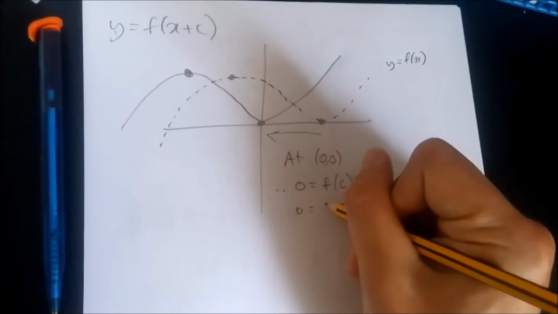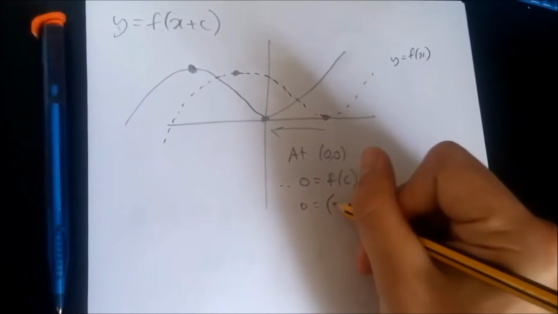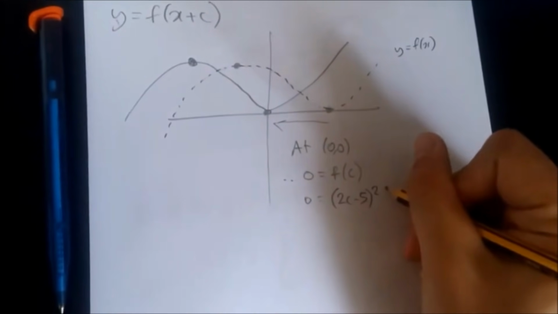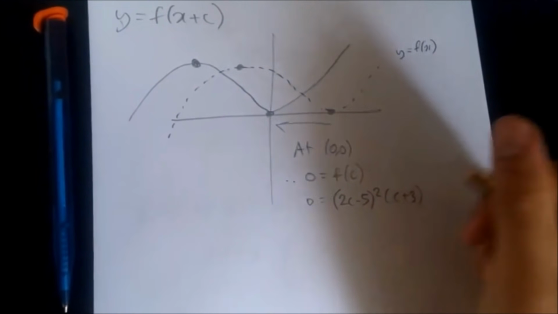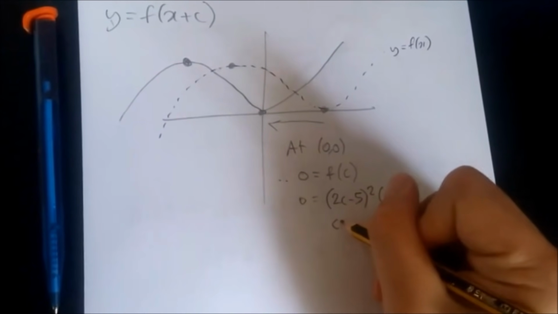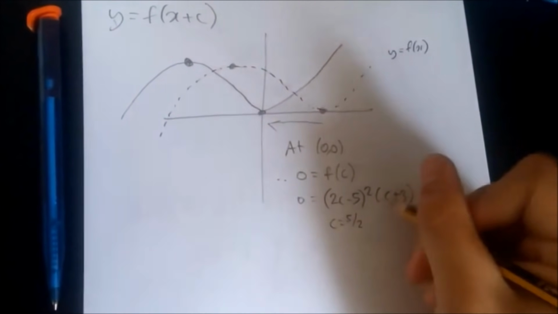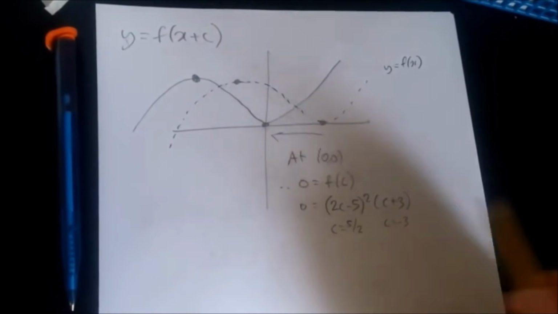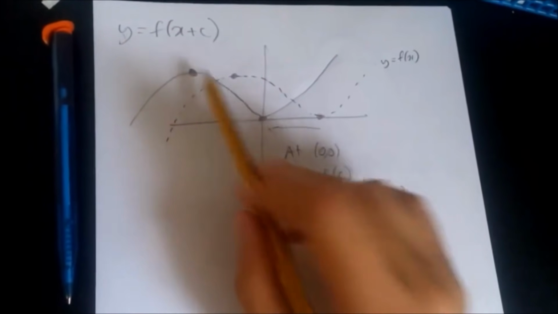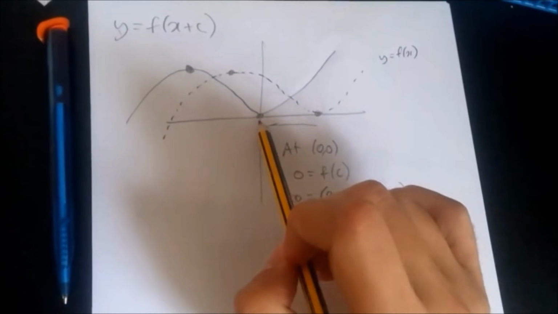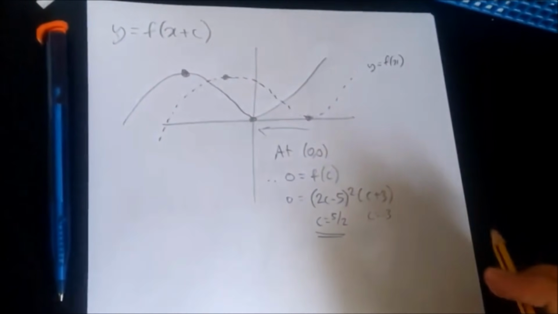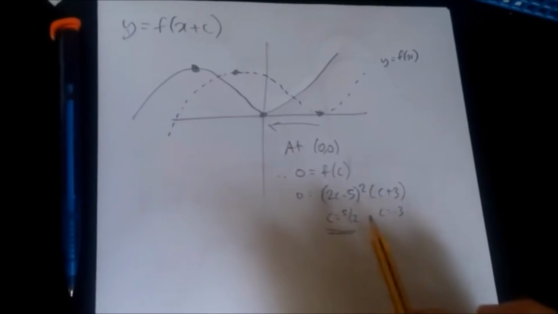So 0 equals, an equation now, (2c minus 5) squared times (c plus 3). Solving this would give us c equals 5 over 2 and c equals negative 3. Voila. And of course negative 3 is this one, 5 over 2 would be here. Hence the value we need is c equals 5 over 2, which represents the minimum.